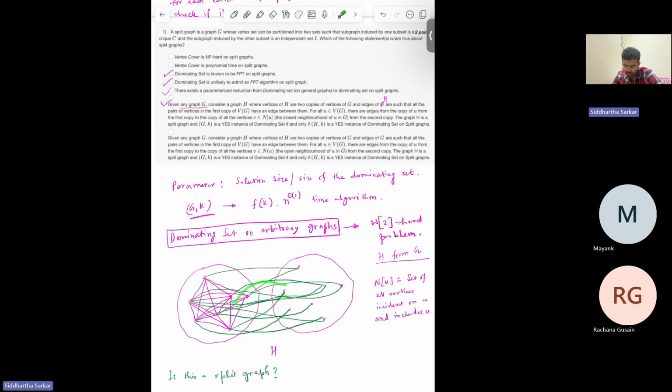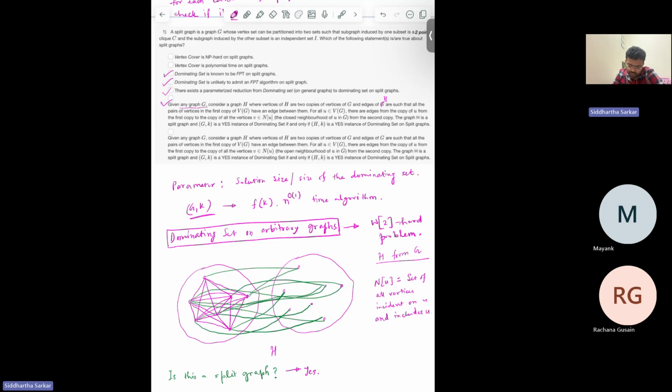The edges are only crossing edges. And of course, on the first copy, there is a clique. So the second copy forms an independent set, and the first copy is a clique. Therefore, this is definitely a split graph.